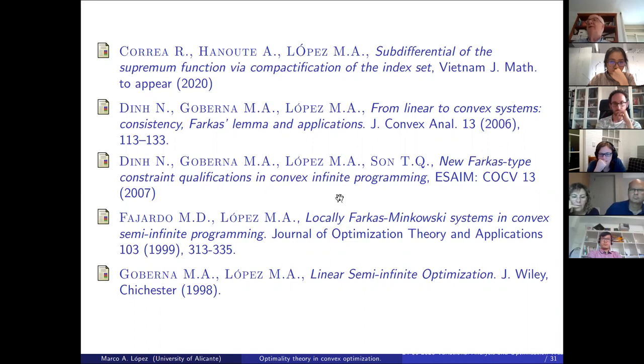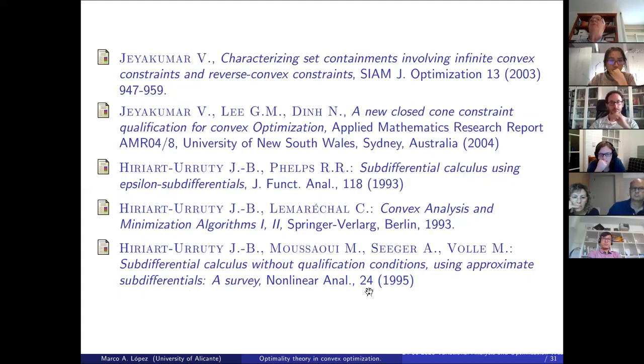There are many things in the paper; I just put the more representative results here. And this is the paper with Marilo and the book with Miguel. The paper of Jeyakumar, a beautiful paper. A book of Hiriart-Urruty and this paper by Hiriart-Urruty and Phelps with the formula intersecting the epsilon subdifferentials.